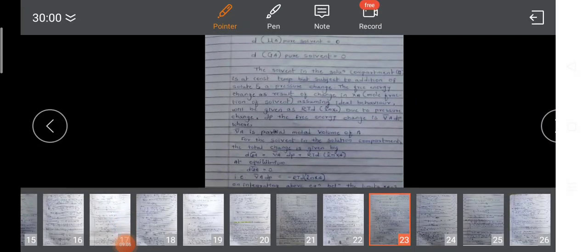It is derived from the chemical potential, or free energy change. Please see in detail and go through this particular thing, because it is a very simple part that we have in the exam. Its derivation is very simple.